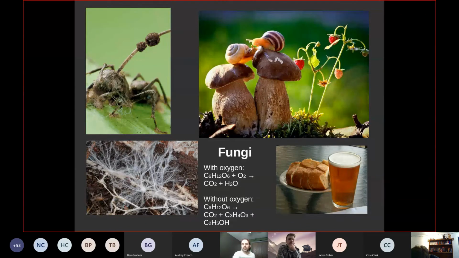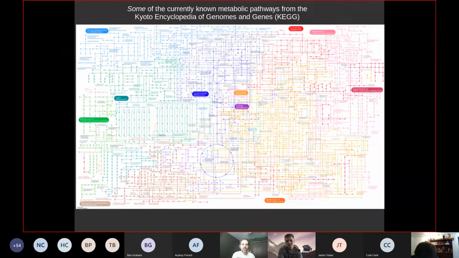Okay. If you are interested in metabolic pathways and who can do what, I highly recommend checking out the KEGG. You can just Google KEGG and genome, and it'll bring up this KEGG pathway. It's a clickable website, so you can go through and say, okay, each one of these little dots is a known enzyme, a little protein that contributes in some way to transforming one molecule to another, right?